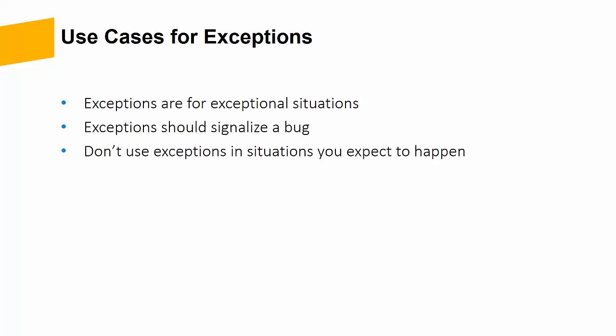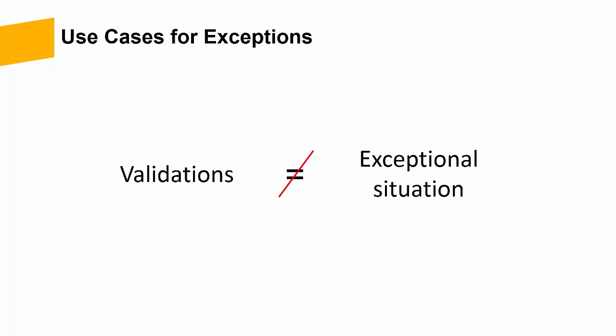In that sense, validations are not exceptional situations, because you do expect the software to be used in improper ways, and you do expect incoming data to be incorrect, at least sometimes. So the best way to think of validation is of filtration, when you filter the incoming data, and only if it passes that validation do you pass it further to the domain model.